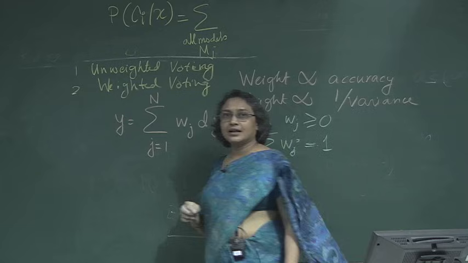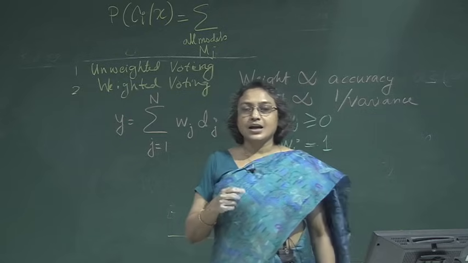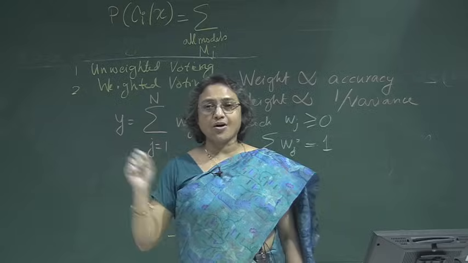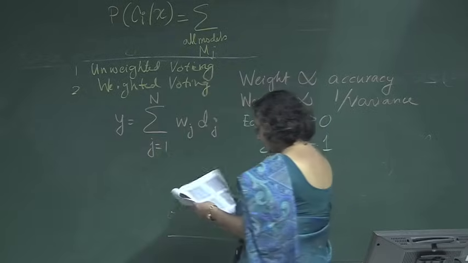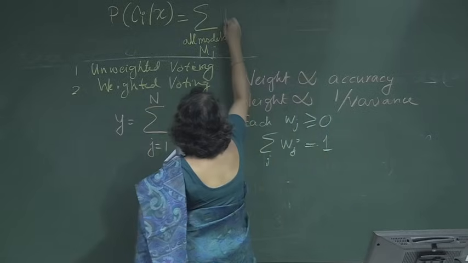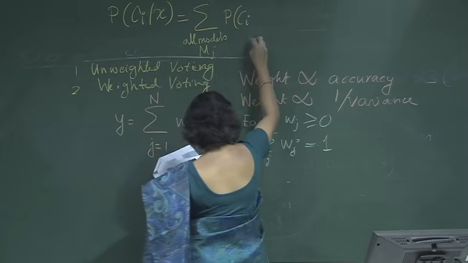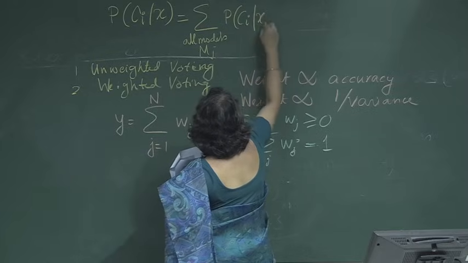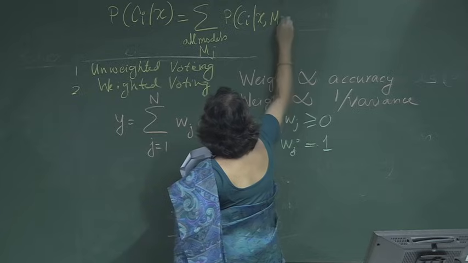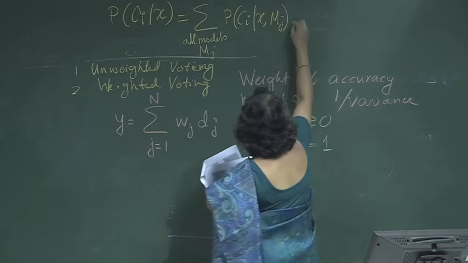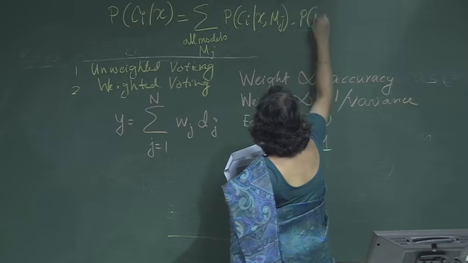In Bayesian learning, we use all hypotheses. We combine all hypotheses or all models. So, it is the summation over all models of the probability of getting class Ci given x and mj, times the prior probability of mj.